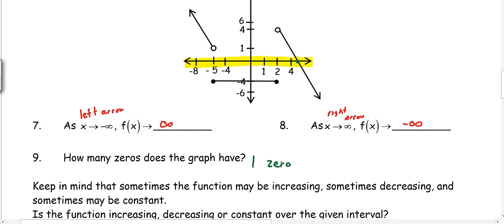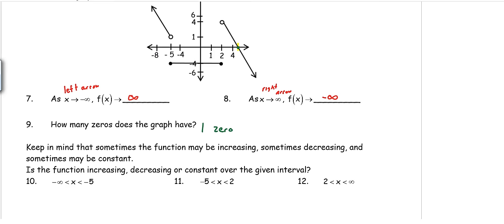Keep in mind that sometimes a function can be increasing or decreasing, sometimes it can be constant. So let's decide if it's increasing or decreasing or constant over a given interval. So if I look at my graph and my interval that they are giving us is -infinity to -5. So -infinity is the left arrow to -5.